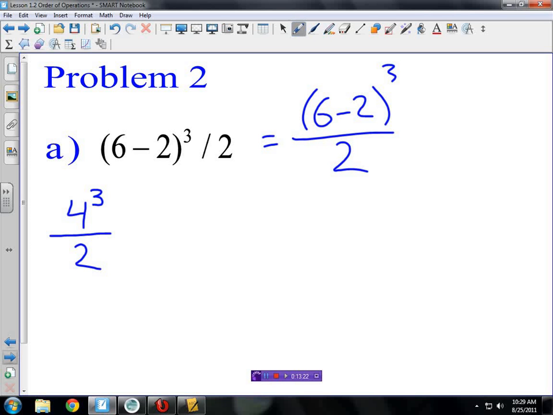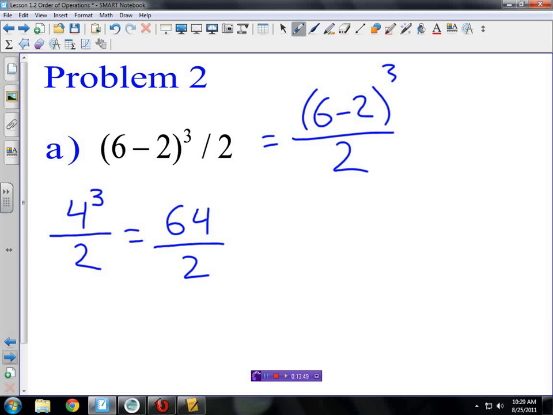Exponents, and we do have one here. We have 4 to the third power, which is 4 times 4 is 16, and 16 times another 4 is 64.